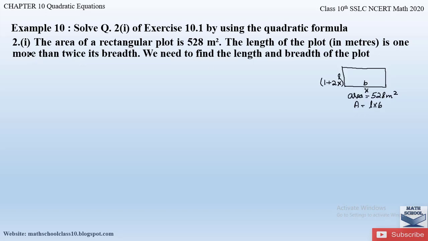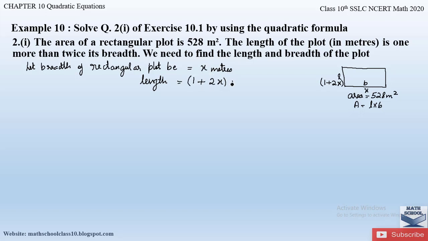So first of all, let the breadth of the rectangular plot be x meters. What is the length? Length is 1 more than twice its breadth, that is 1 plus 2x meters. And what have they given in the question? Given is the area of the rectangular plot, which is 528 meter square.